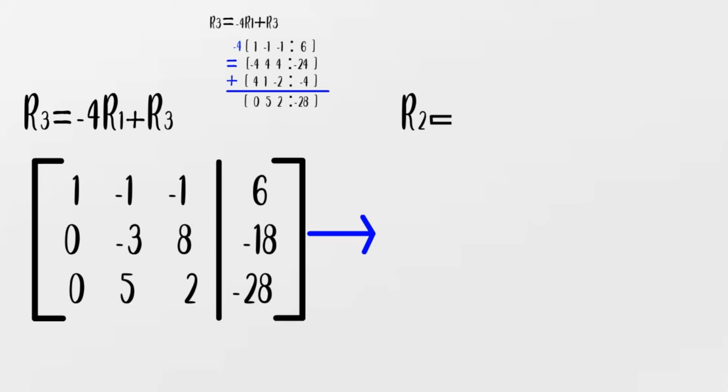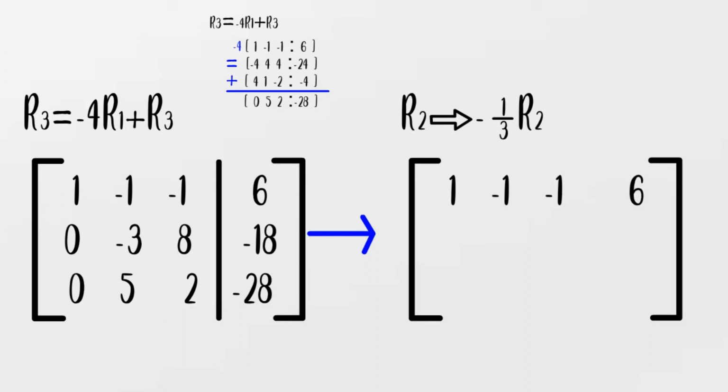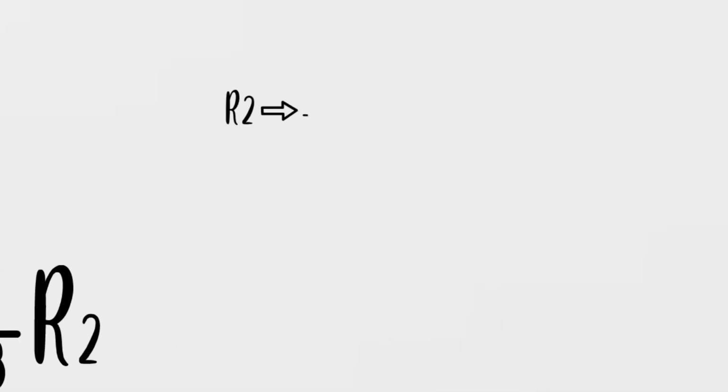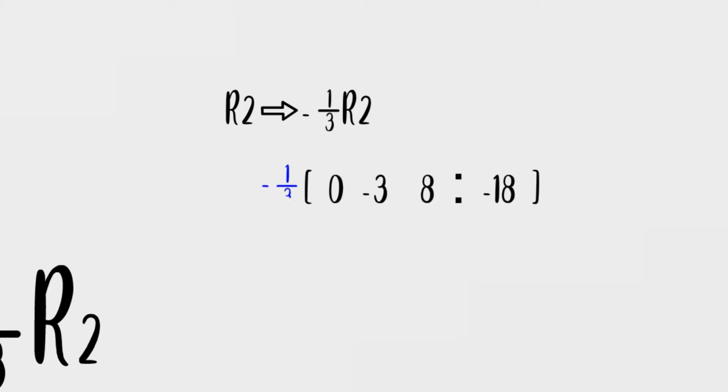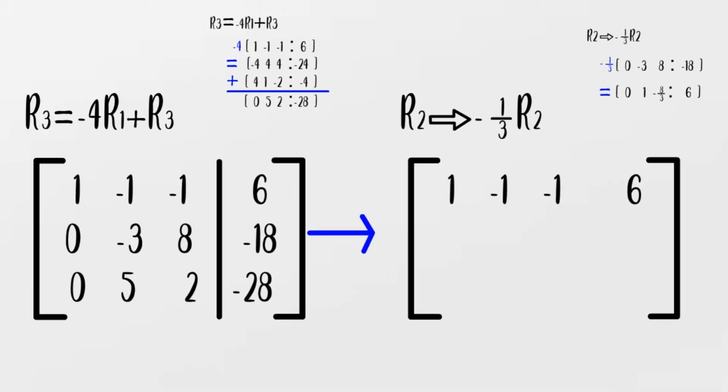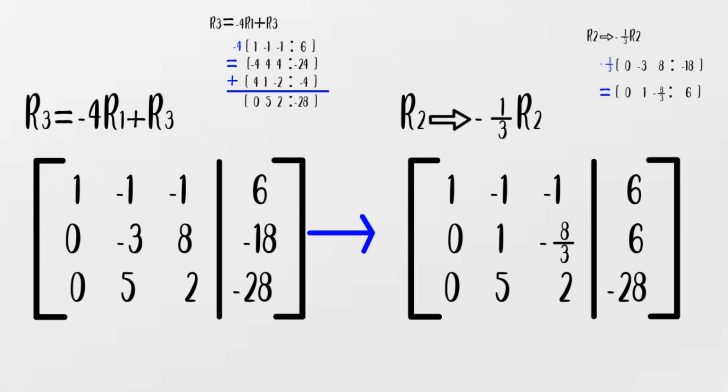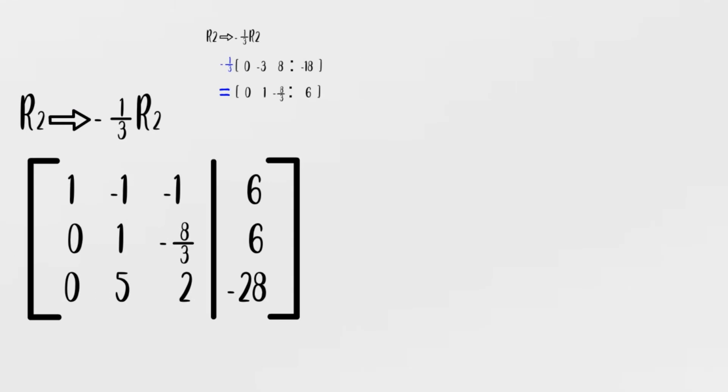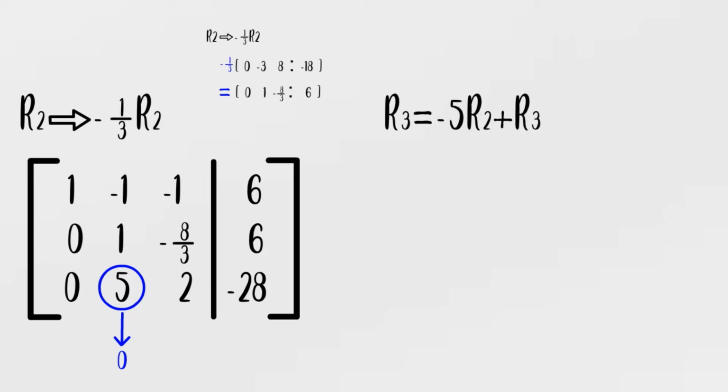Next, multiply -1/3 to R2 to change -3 to +1. Turn the second entry of R3 to 0 by multiplying R2 by -5 and adding to R3.